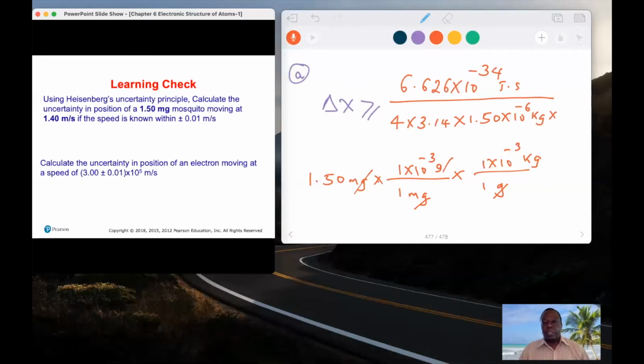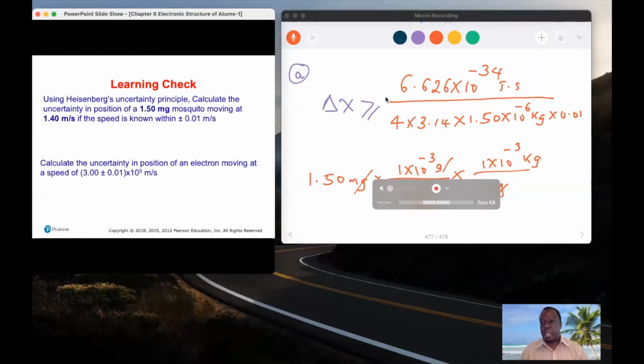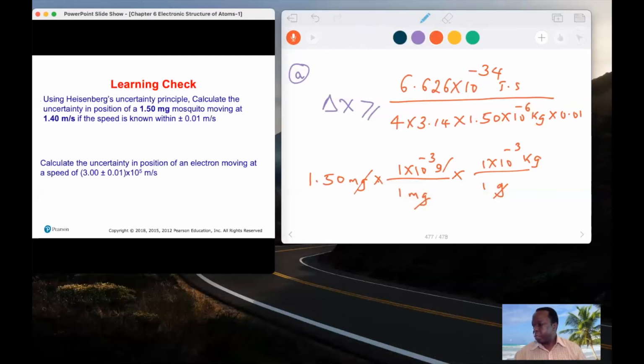times not velocity, but uncertainty in velocity, which is 0.01 meters per second. To reconcile the units, we use that 1 joule equals kg times meter squared over second squared, to change the units.